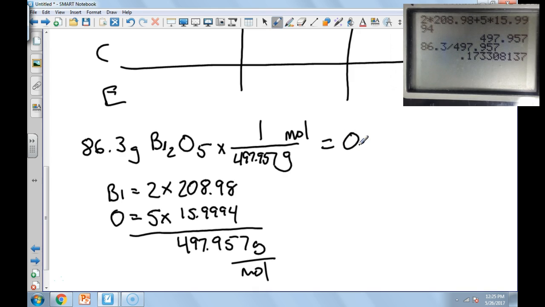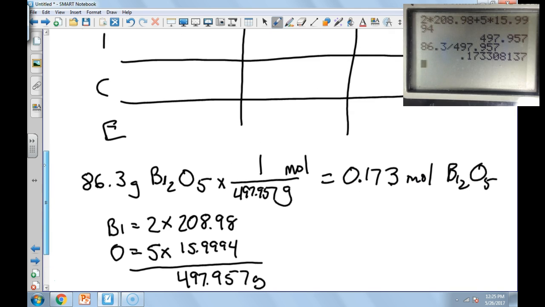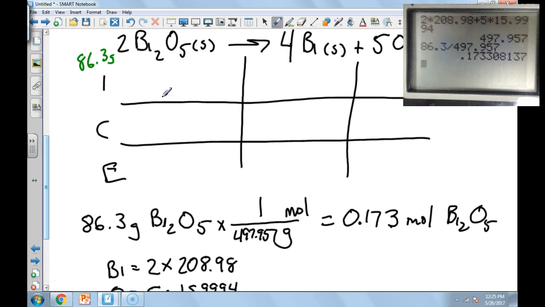That equals 0.173 moles of Bi2O5. Now, notice here I have 3 significant figures, so I'm going to have 3 sig figs in my answer. So in here I'm going to put 0.173 moles.